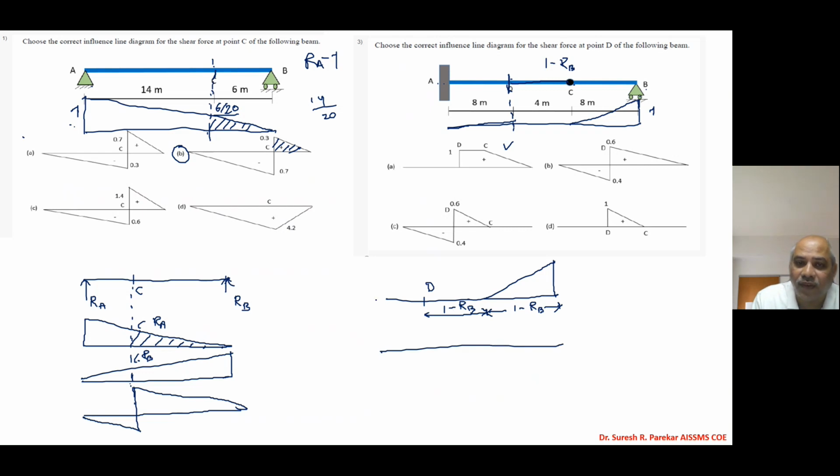And on left of this, when unit load is A to D, in this portion I have RB. This portion 1 minus RB. And then it becomes 0, and therefore we have 0 over there. And then in this portion RB is 0, so this will be D to C, 1. And then we have 1 minus RB. So if we take every point, then this will be the diagram. Try to understand the diagrams and then go for this.